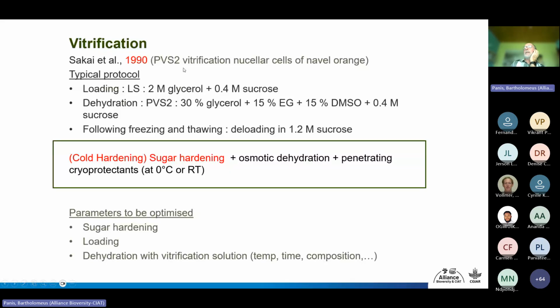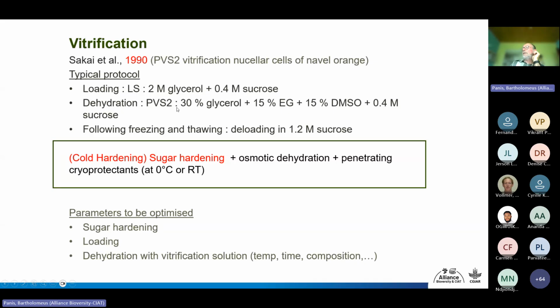In 1990, Professor Sakai, one of the pioneers of cryopreservation, developed a vitrification protocol relying on PVS2, plant vitrification solution number 2. This is a solution which is a bit syrup-like, very highly concentrated.